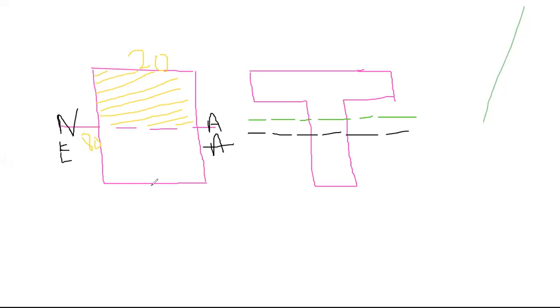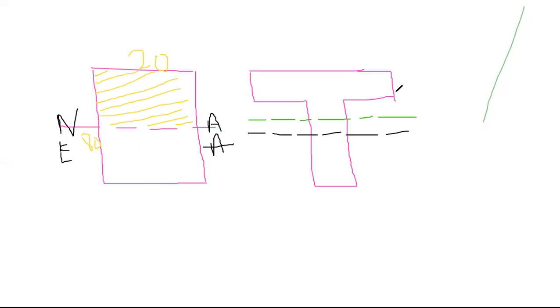Now if I tell you, give me a horizontal line which will divide this into equal areas, what you will do, this is 20 into 40, this is also 20 into 40. Unshaded and shaded areas are same.